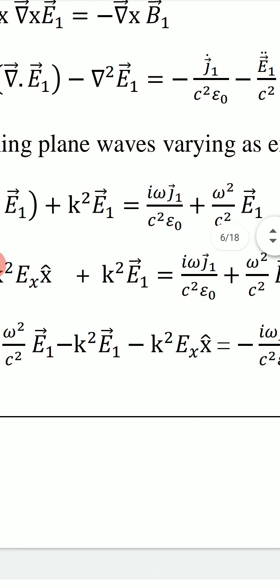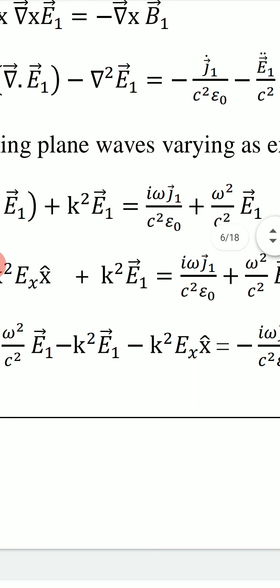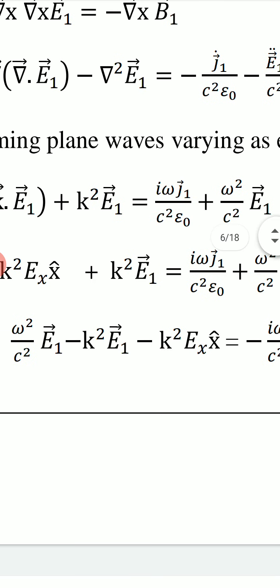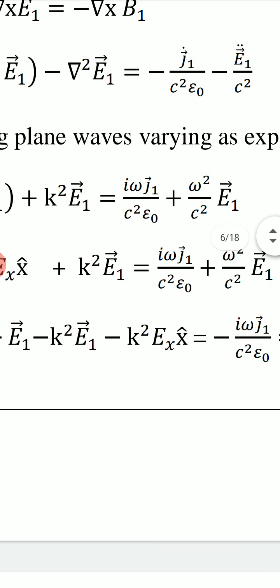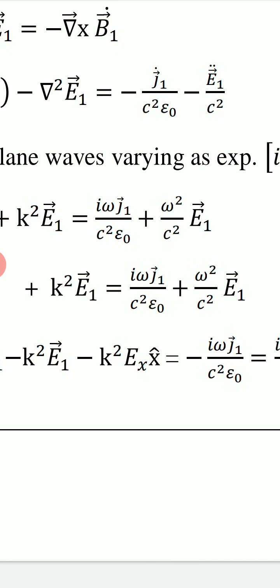And in the second term we have minus del square. Del vector is i k vector, so del square is i square k square, which is minus k square. So the second term will become plus k square E1 vector, equal to, in the right hand side, J1 dot.